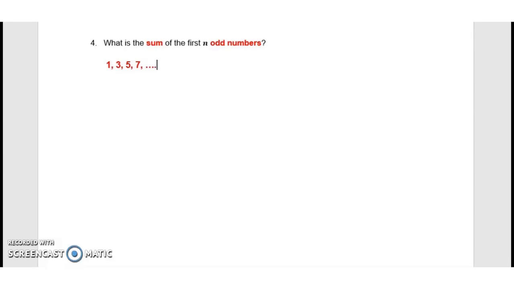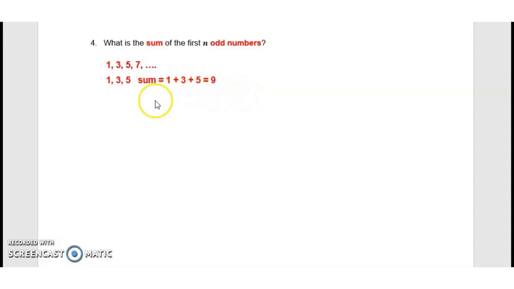So what is the sum? Meaning, let's say if I just have 1, 3, and 5, the sum will be 1 plus 3 plus 5, which equals 9. Now we want to find the sum of the first n odd numbers. Let's say we use this one, 1, 3, 5, 7, and so forth.